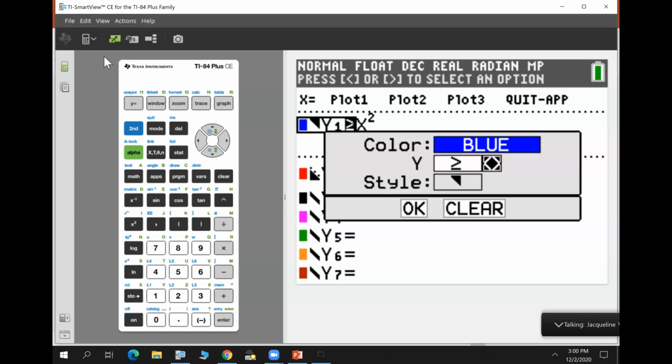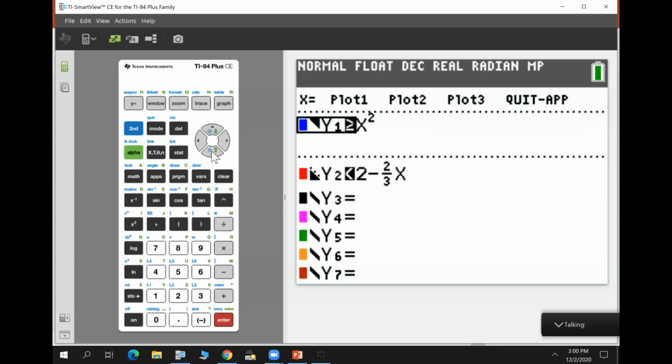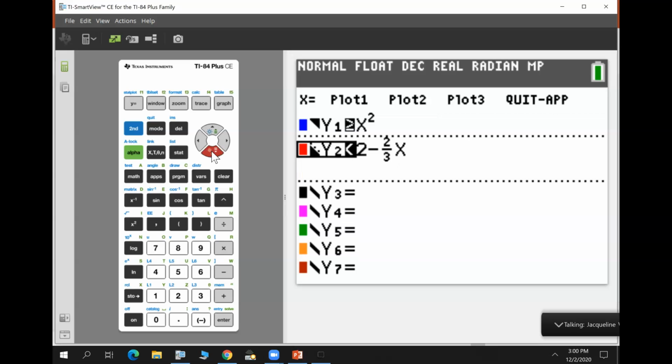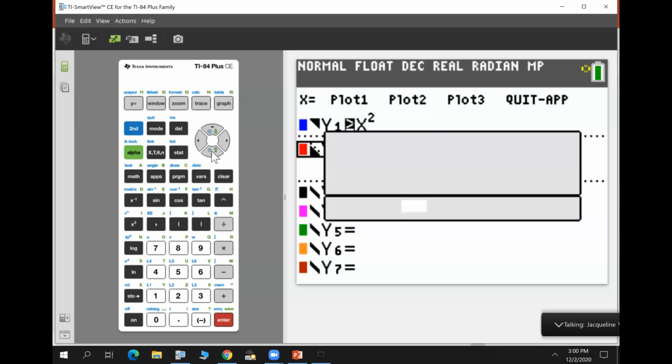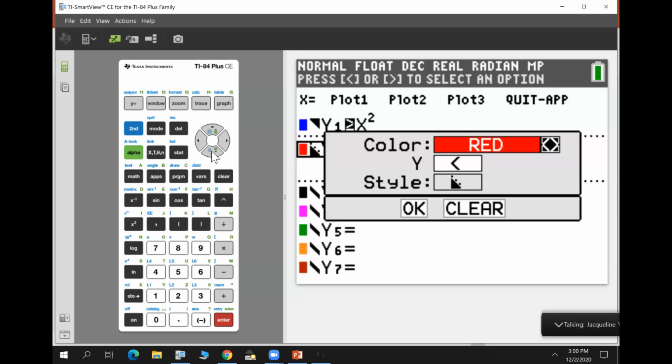So we've selected greater than or equal to. And so we're going to come down here and choose OK. All right, and then I can come down and do the same thing with this one. So I'm going to hit enter, and it'll let me choose the less than.